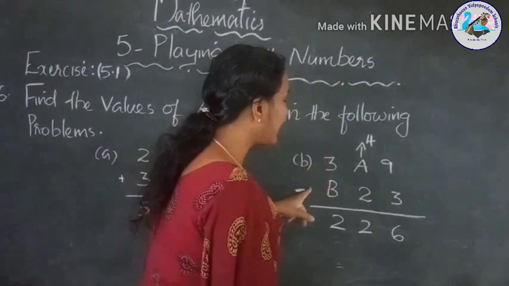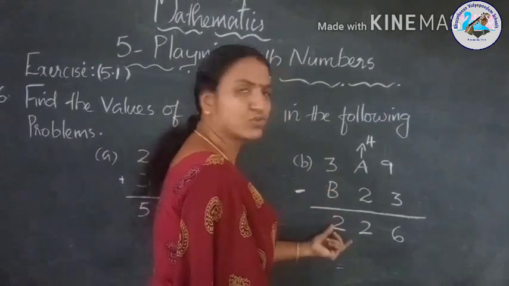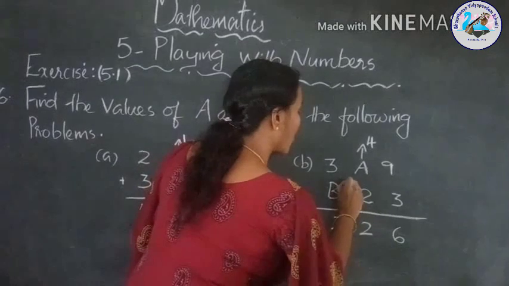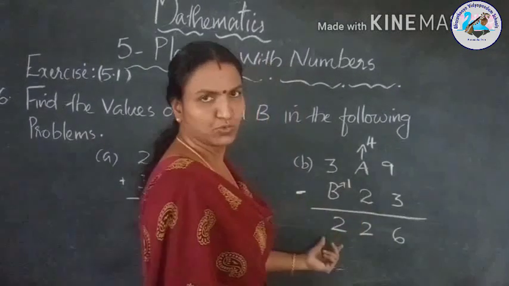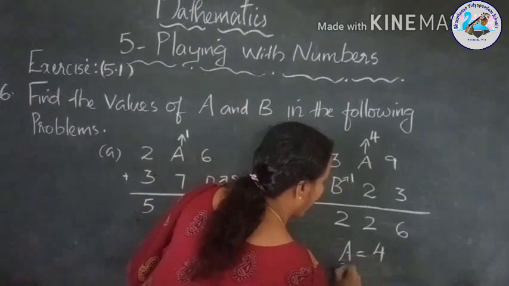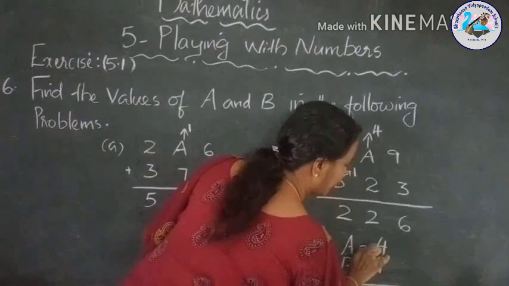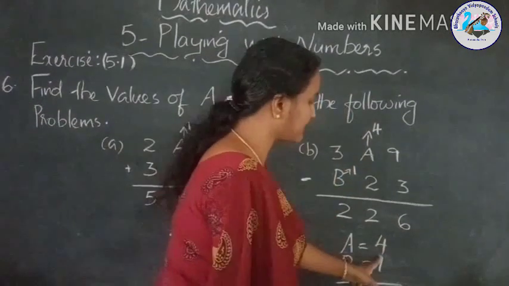Then 3 minus something is 2. So 3 minus 1 is 2. So the value of A is 4 and the value of B is 1.